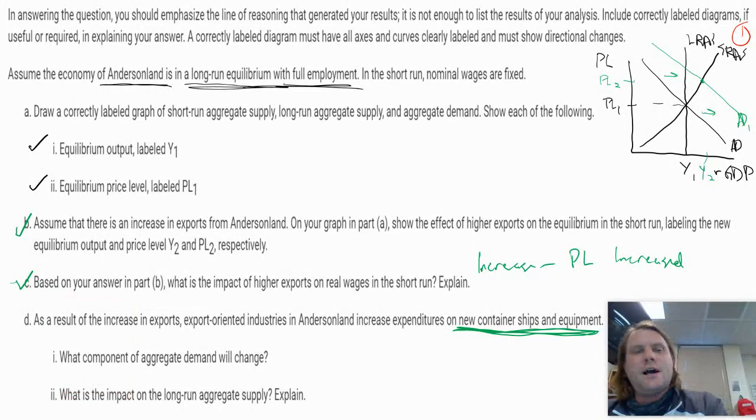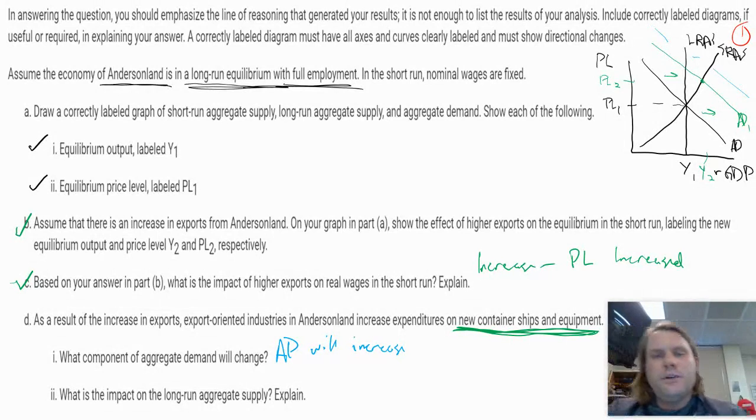We're going to increase our aggregate demand again. All right. So we're going to assume that that's going to, it doesn't have us draw, but we're going to increase our aggregate demand. What is that going to do for the long run aggregate supply? None. It's not going to change it. Okay. Technology was not in, so the things that change our aggregate supply are technology and availability of resources.